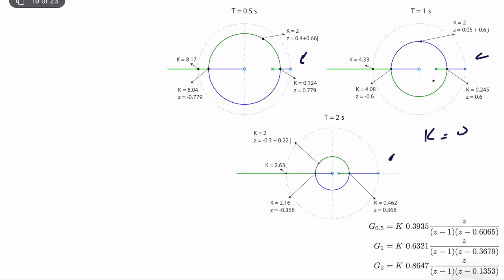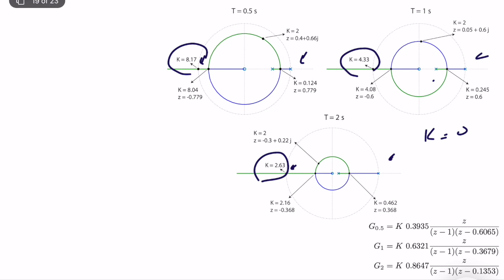At some point, the stability breaks down, and the system again becomes unstable after a large value of K. What we can directly compare as a general stability metric is the range of K values. For T equal to 2 seconds, K is 2.6. For T equal to 1, it is 4.3. And for 0.5 seconds, it's approximately 8.2.